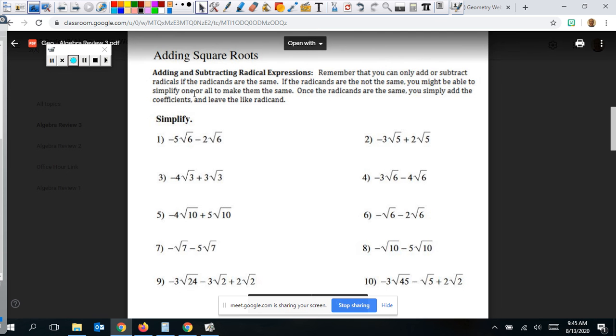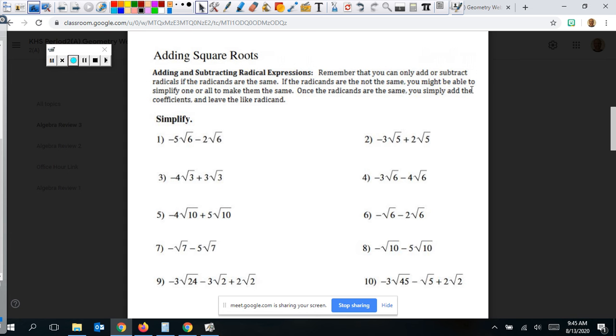So with this, what we want to do is if the radicands are not the same, you might be able to simplify one or all to make them the same. So we might be able to simplify radicals individually, making them all the same radicands, and then being able to put them all together. Once the radicands are the same, you simply just have to add the coefficients and then leave the like radicand.